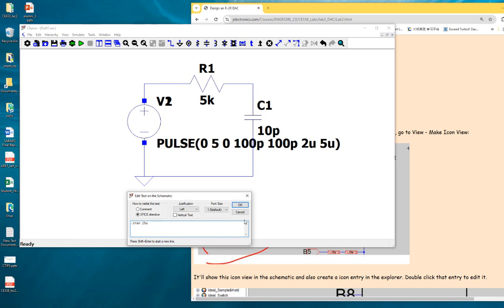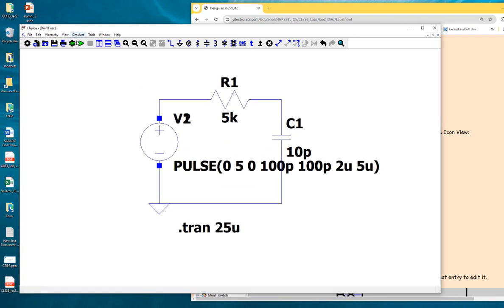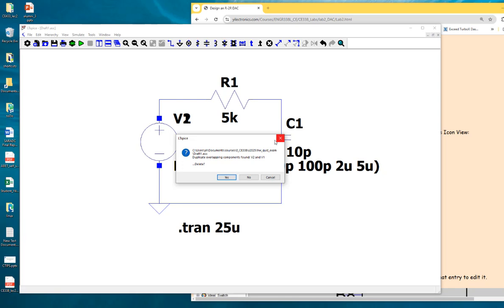You can either simulate from 0 seconds to 25 microseconds and plot 1 point every 0.0001 microseconds, you can give all the details, or if you don't specify it, it's going to directly plug in the default numbers. I'm just going to use transient analysis for 25 microseconds, which is fine. Just using the default values for resolution, so you can run the simulation.